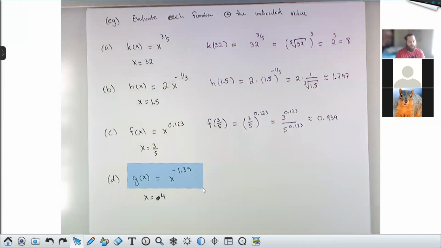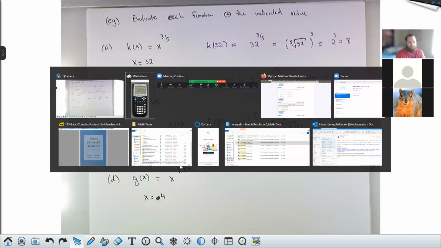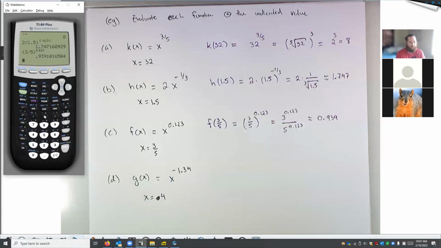This last guy, the exponent is negative, and it's also a slightly weird decimal. And we're going to evaluate this at x equals 4. The reason I had to get rid of the negative there is because you cannot raise a negative number to a wonky root power. So if you try to raise a negative number, let's just really quick see what happens. If I take parentheses -4, and I try to raise it to, even forget about the fact that the power is negative, just 1.34, I'm going to get an error.